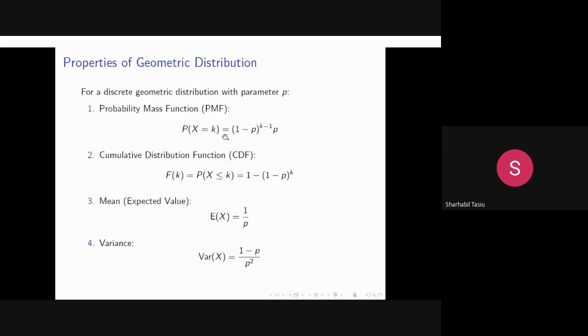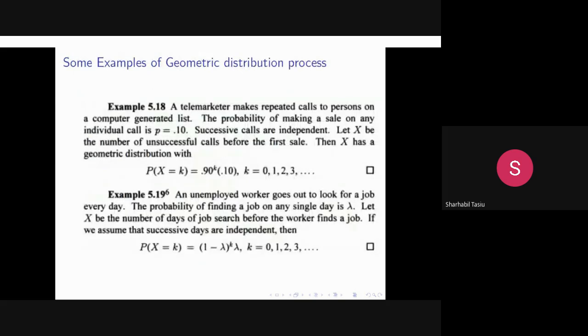We say it equals (1 minus p), or q, raised to the power of k minus 1, times p. So we can use this as a probability density function to model the behavior of the random variable in that experiment. So we gave this question.